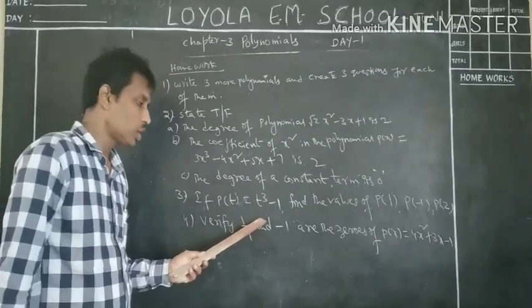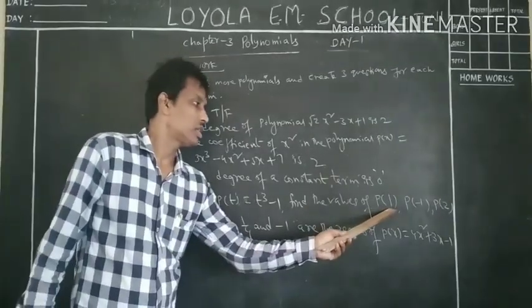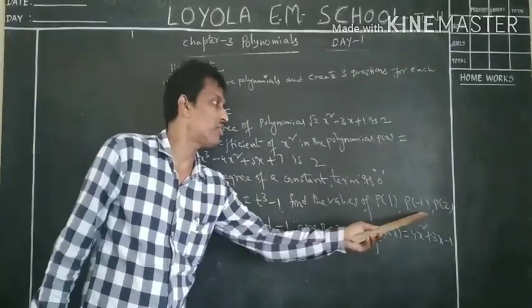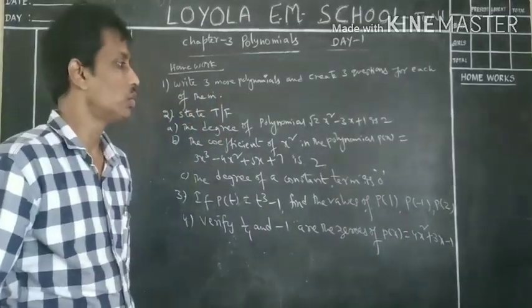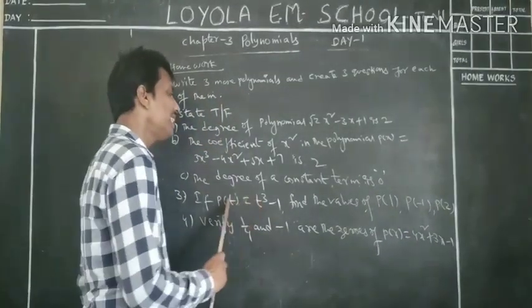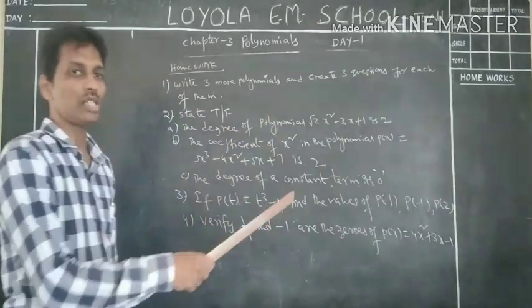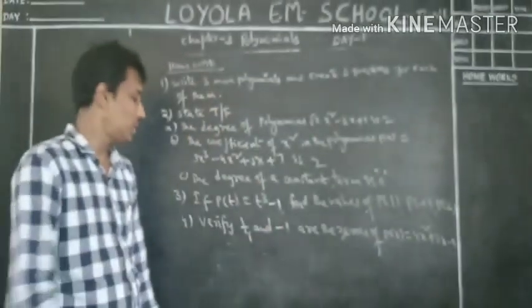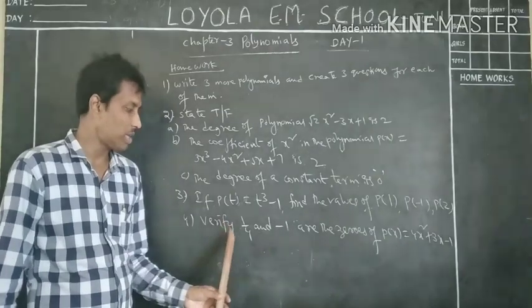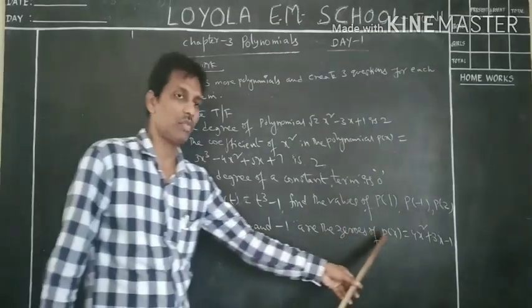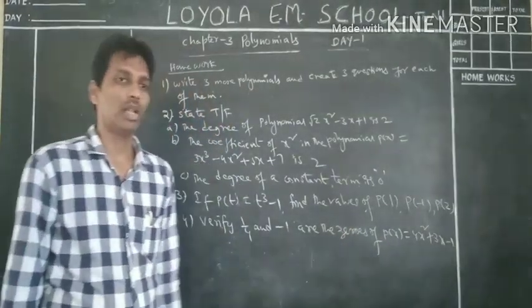This is a cubic polynomial. We are asking to find the values p of 1, p of -1 and p of 2. That means instead of t, you have to substitute 1, -1 and 2. Fourth question, verify that 1/4 and -1 are the zeros of the quadratic polynomial.